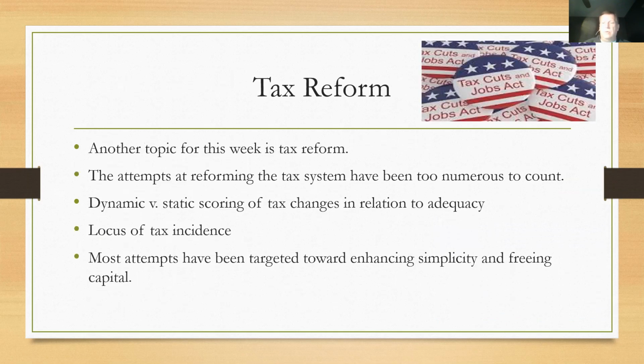Another example of burden shifting that we see in a lot of our local governments is a reliance upon things like transient occupancy taxes, these things called TOTs that we know more commonly as hotel taxes.